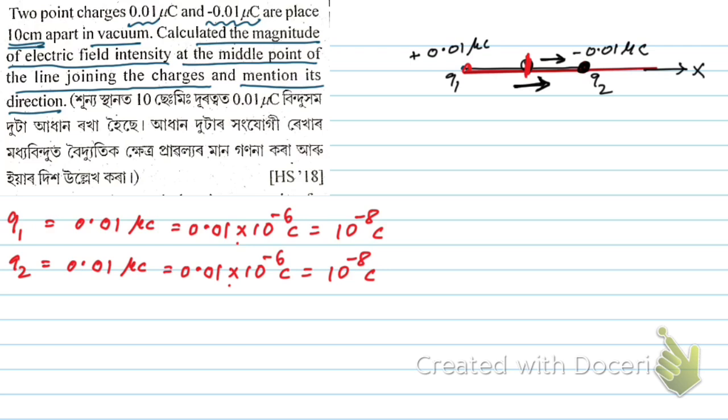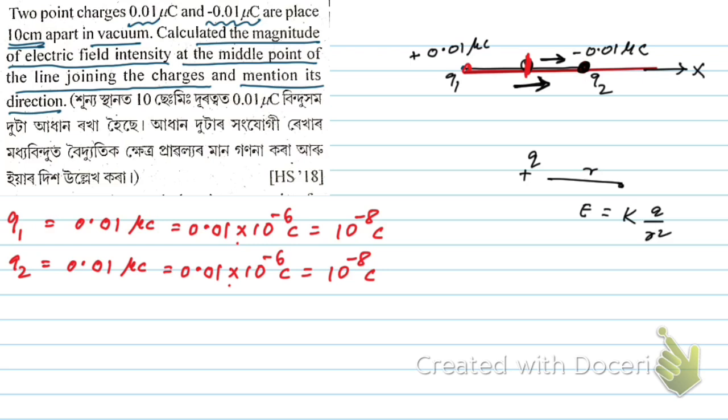So now you see, the electric field at this middle point. We know that the magnitude of the electric field due to a charge q at a distance r is given by k q by r square, right?